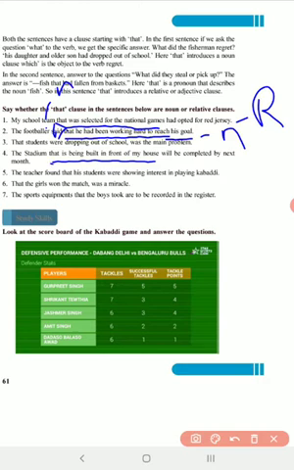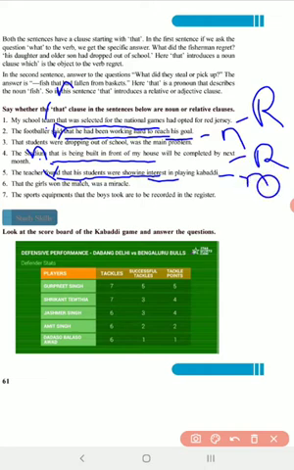So this clause comes after a noun, and therefore it is a relative clause. Fifth one: the teacher found that his students were showing interest in playing kabaddi. So this that clause comes after what? The verb found, and therefore it is a noun clause.